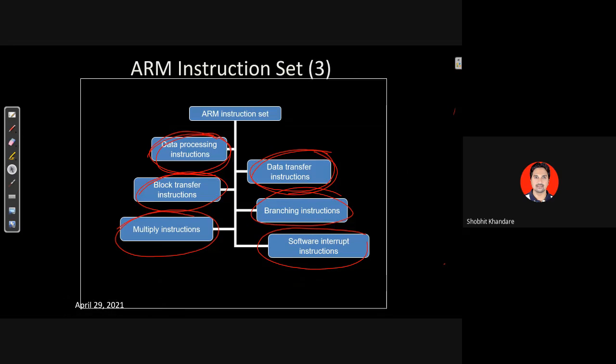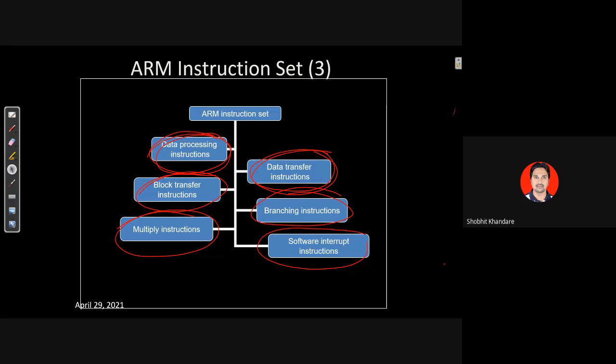Under the data processing instruction, we will see all the instructions associated with data processing. Under the data transfer instructions, we will see all the instructions which come under data transfer. Similarly for block transfer, branching instruction, multiply instruction, and software interrupt instruction.